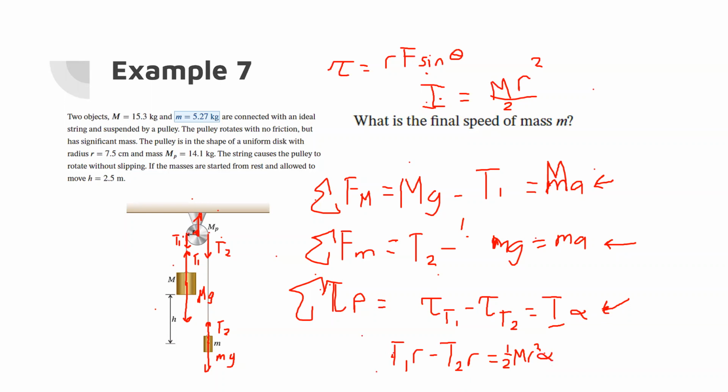I can eliminate an r right here, and I end up with an equation, tension 1 minus tension 2 is equal to 1/2 m r times alpha. And I should have distinguished that. It should be mass of the pulley times alpha, so this should be mass pulley, and this one should be mass pulley as well, like that.